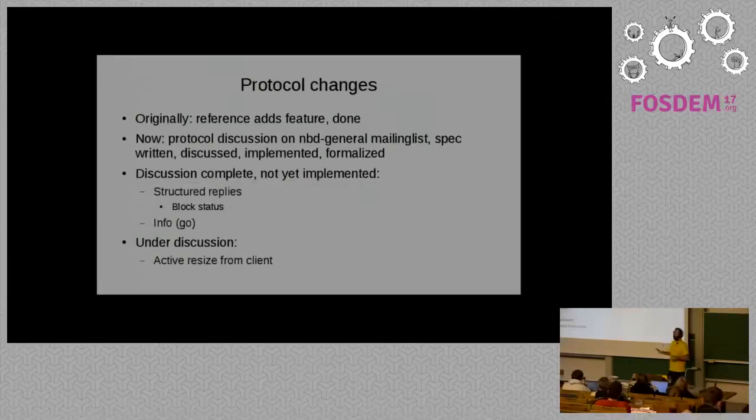We've also got an extra option that we're currently discussing. The spec isn't finished there yet, but the feature is to allow an active resize from the client. So the client can say, please make this block device now that big, rather than the size whatever it is right now. The spec still needs some finishing up, but it looks like it's going to happen.